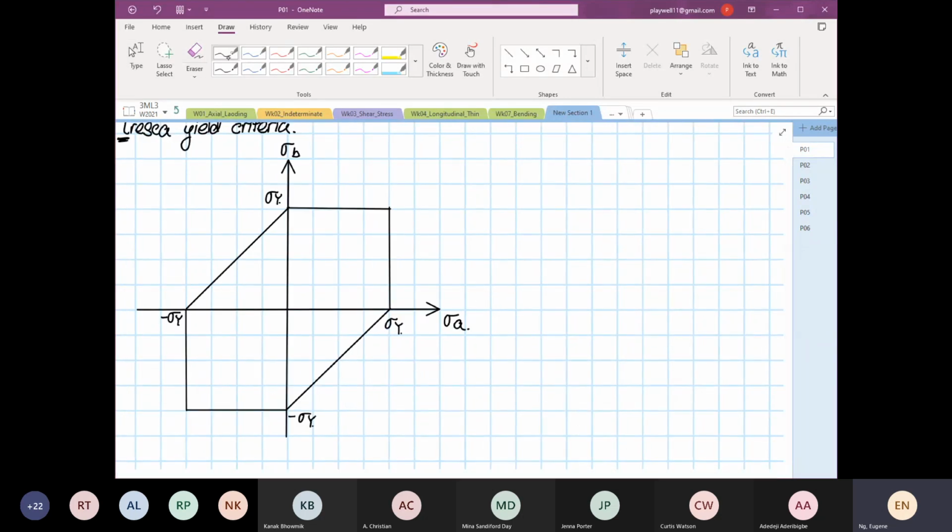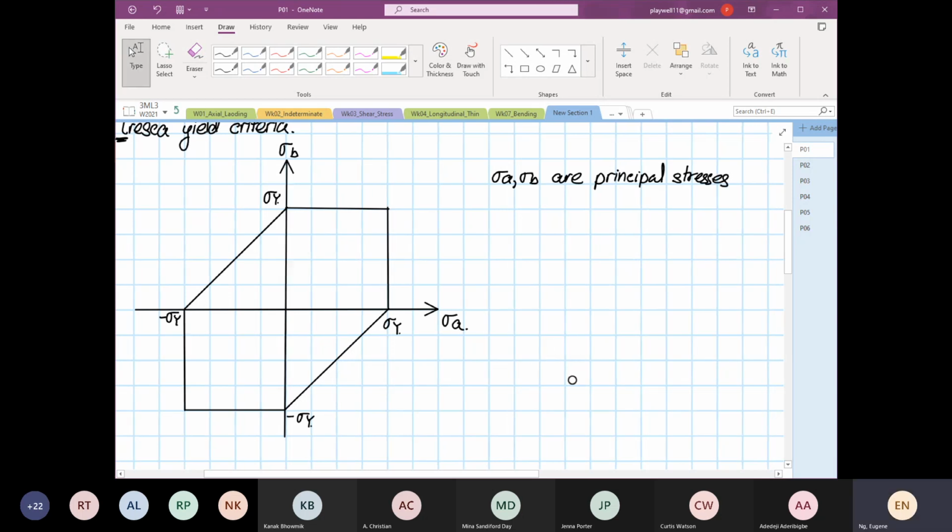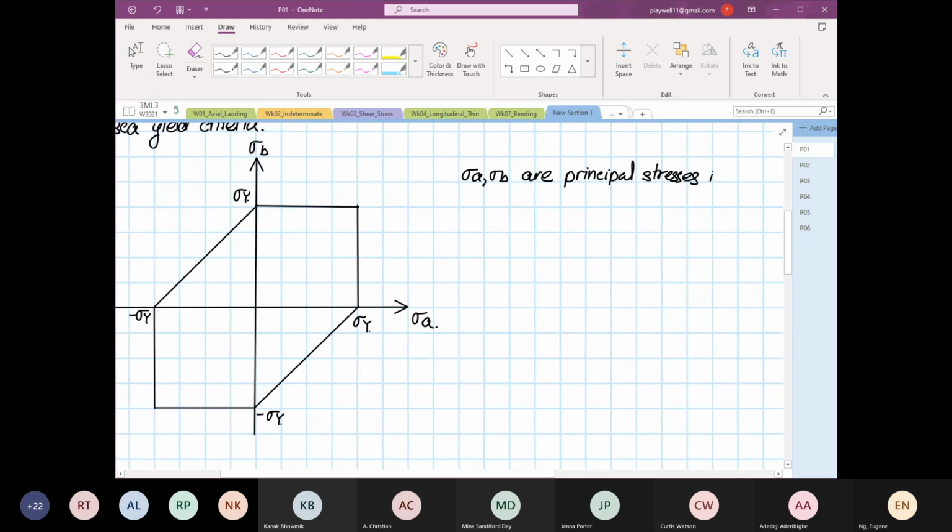So I'll write this out. You'll be wondering what is stress A and B. So stress A and B are principal stresses in 3D Mohr's circle.